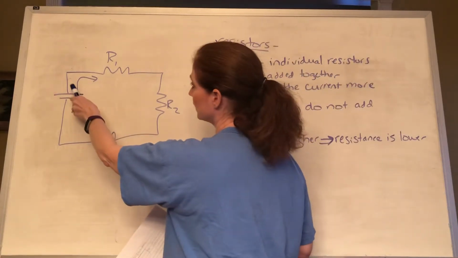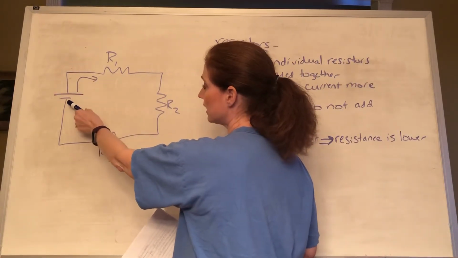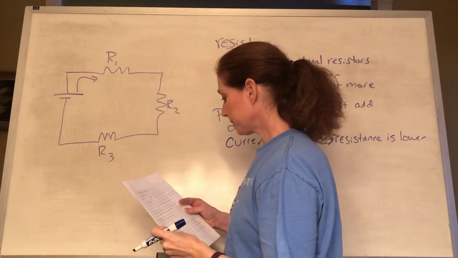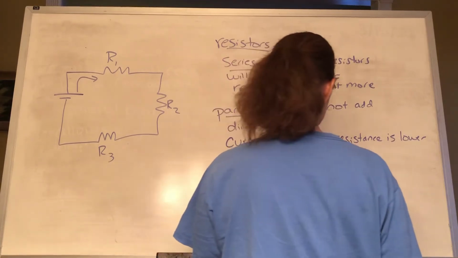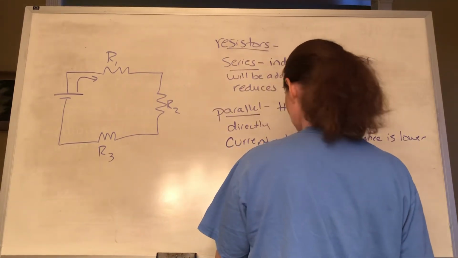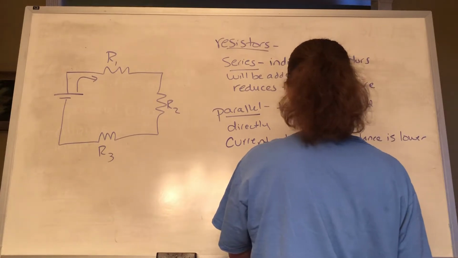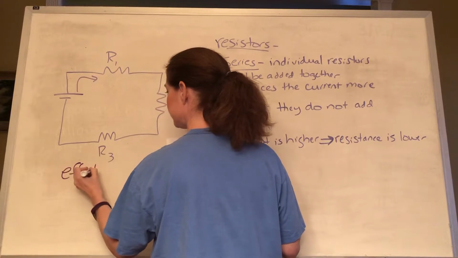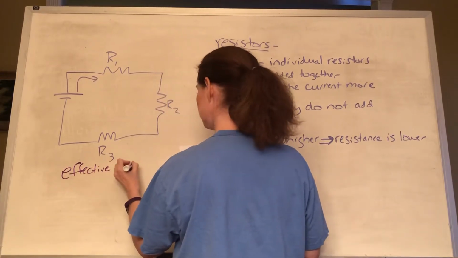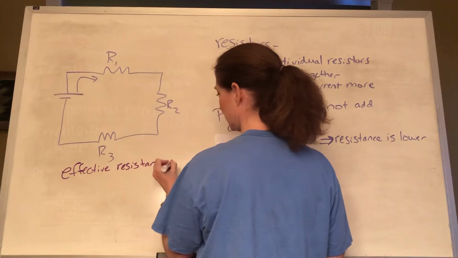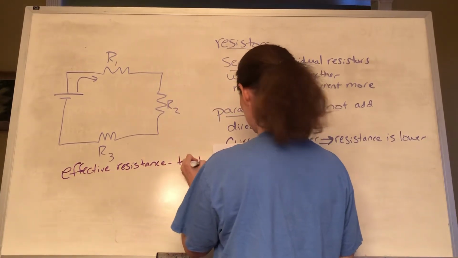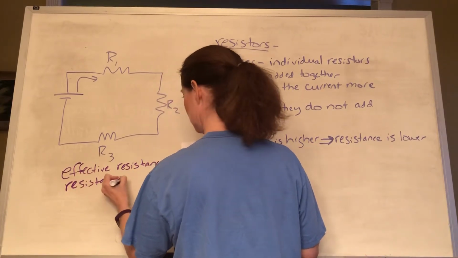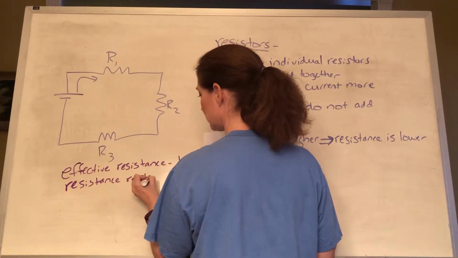So in order for the current to get from one side of the battery to the other, it's got to go through all three of the resistors. If one breaks, then everything breaks. And so what we have is the effective resistance, and that is the total resistance replaced by a single resistor.